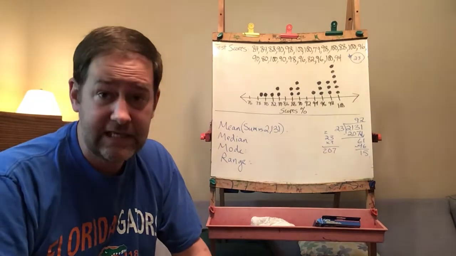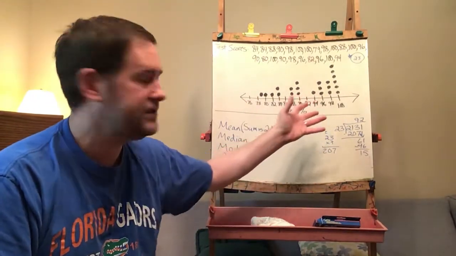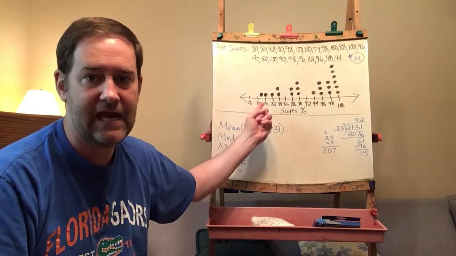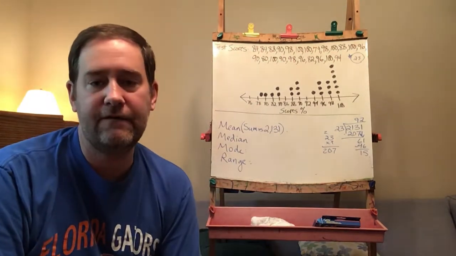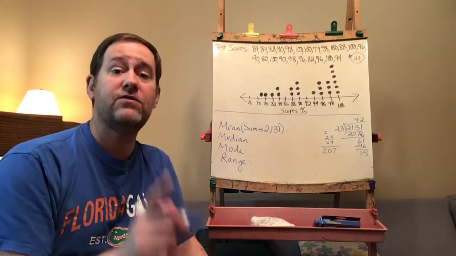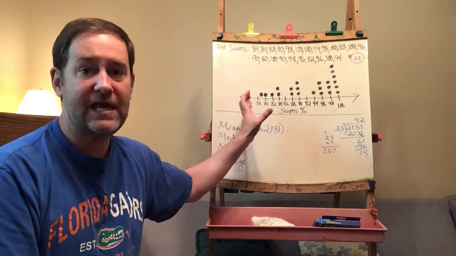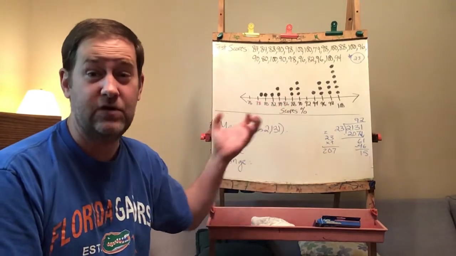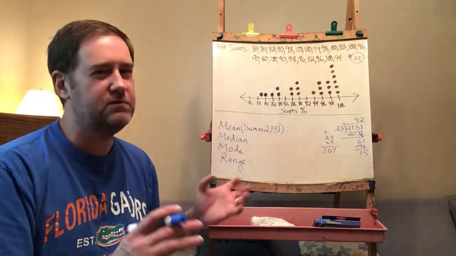So an outlier in this case would have been if this class all got these scores and then this one kid here at 79%, between 78 and 80, messed up, didn't do very well, and ended up with like a 40 something, right? A 46. That would be an outlier. That outlier, if that was true, would totally change the mean of this class. It would affect the mean a lot more than it would the median. The middle would actually stay the same, but the mean would be altered more.